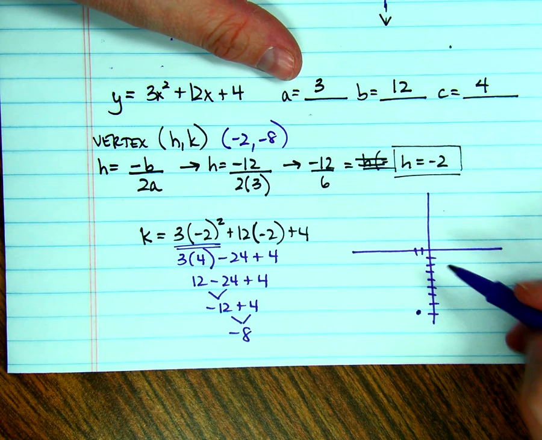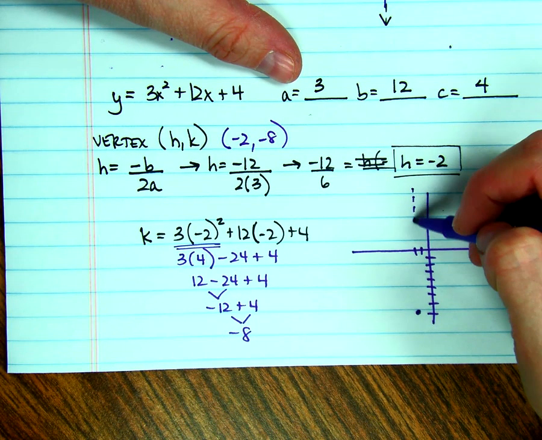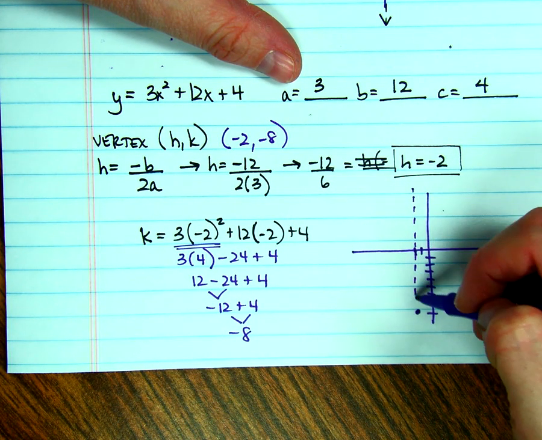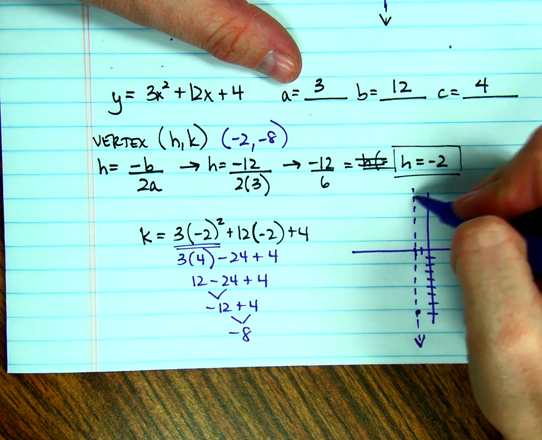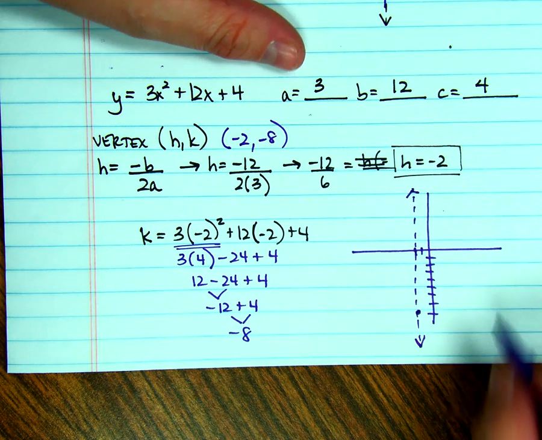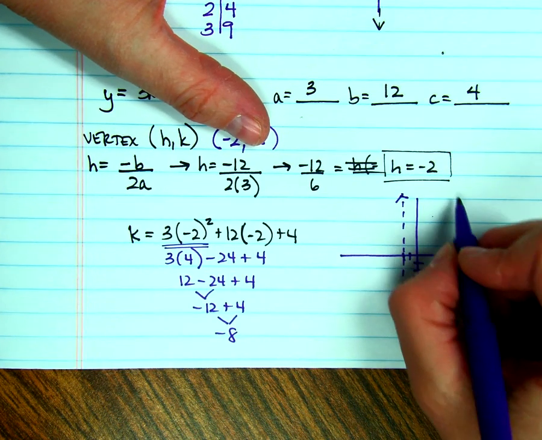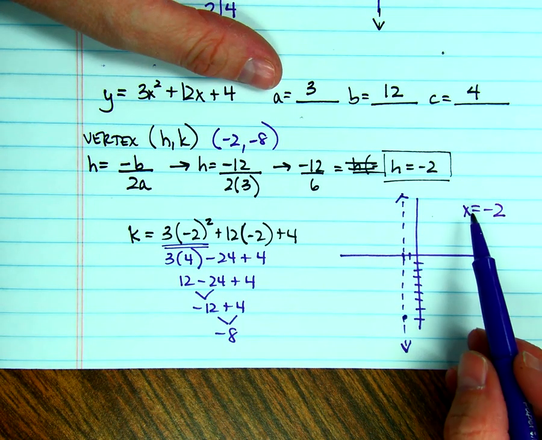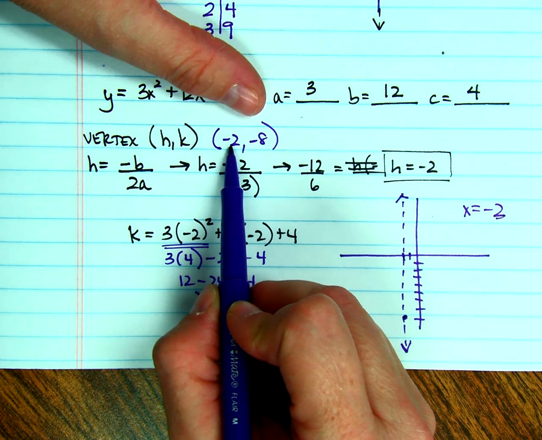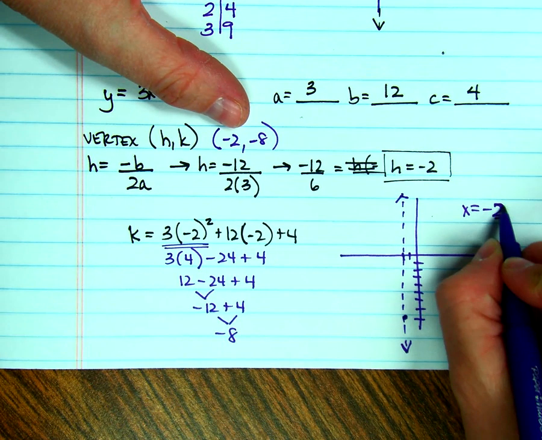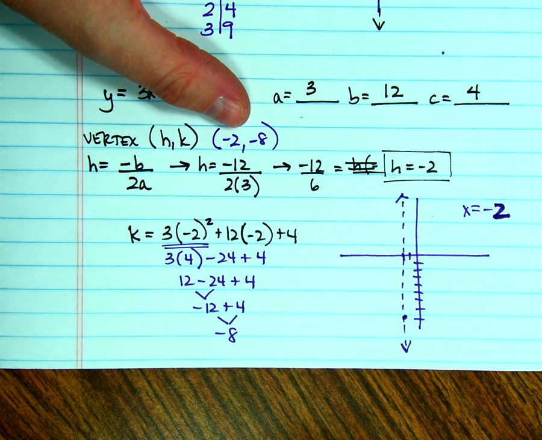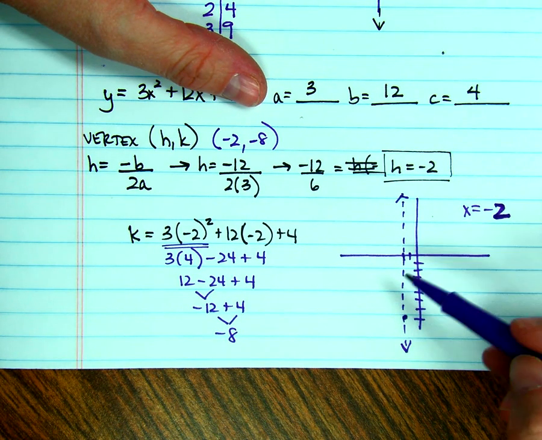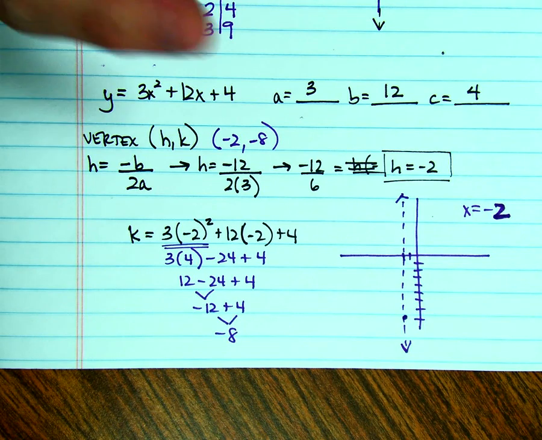Once you've established your vertex, you can draw the axis of symmetry. Okay, so my axis of symmetry would have an equation of x equals negative 2. My axis of symmetry is whatever my H value is. So I know that it's going to either open up or open down.